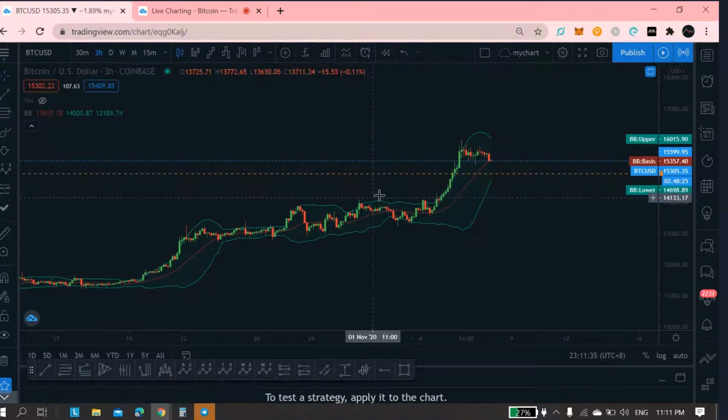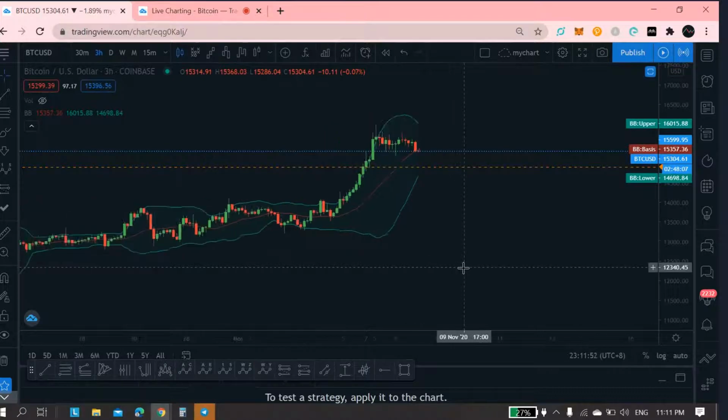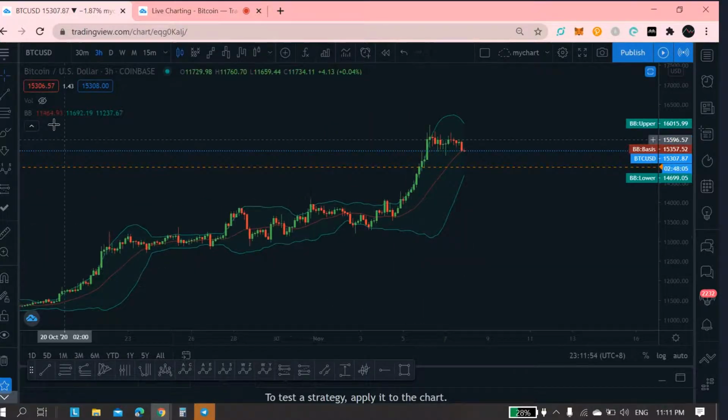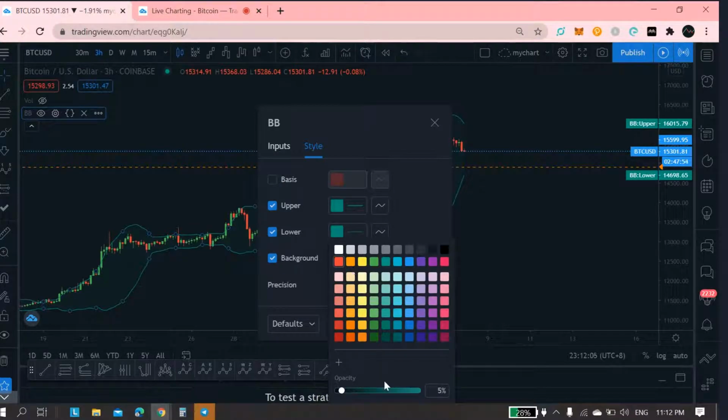I normally trade the extremes. This one, possibly, yeah. However, I failed to open a short position at this area. I'll just hide it and then the background.